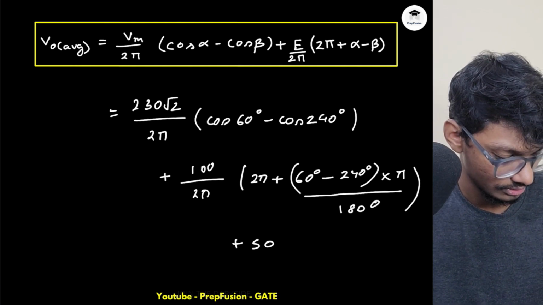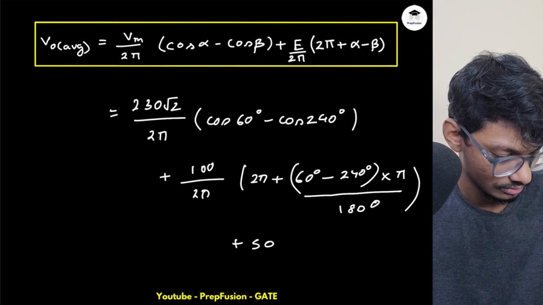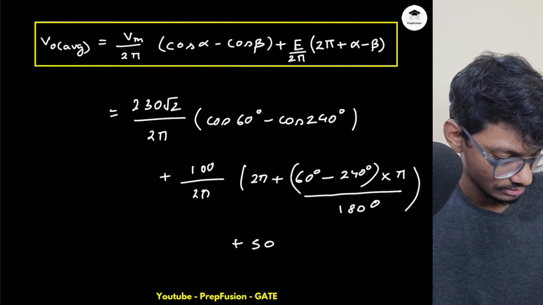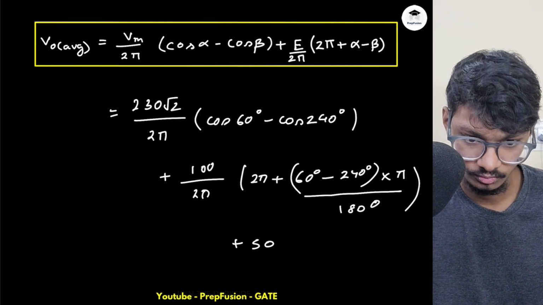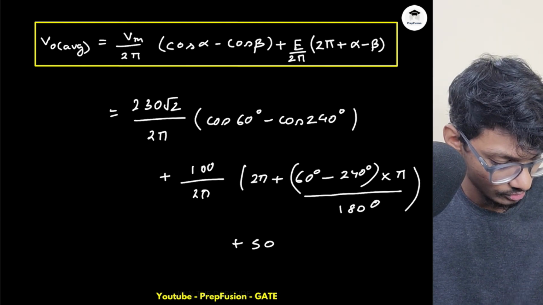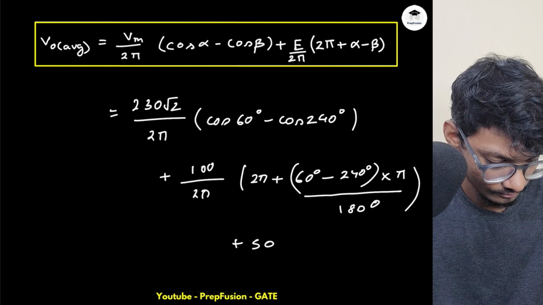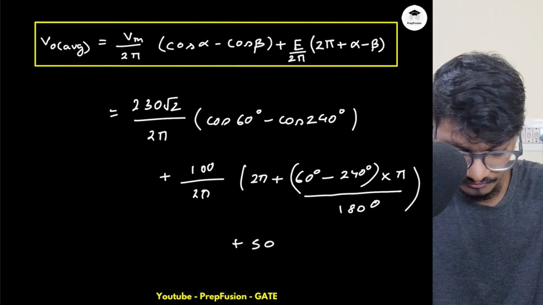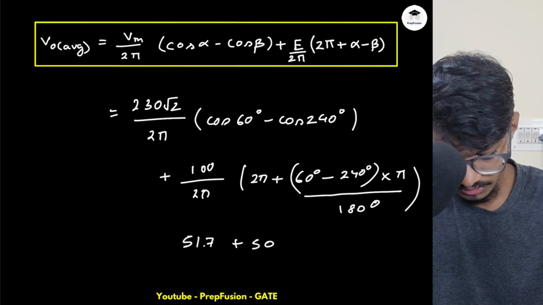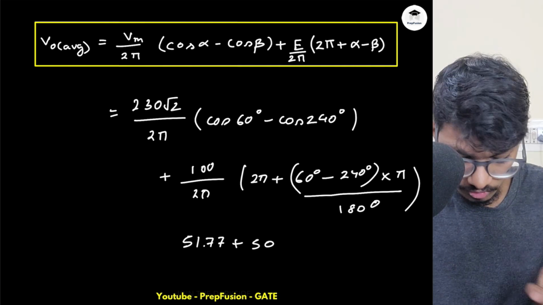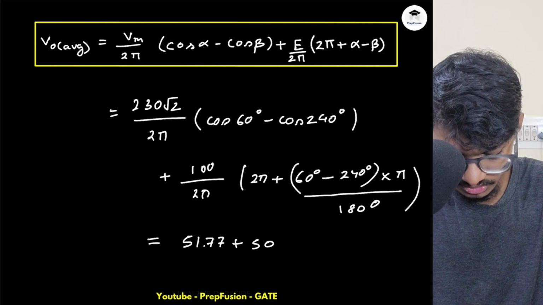So 240 cos, this will be plus, then I will close the bracket. Then obviously I have to divide by 2 pi as well. If I divide by 2 pi, this will become 51.77.